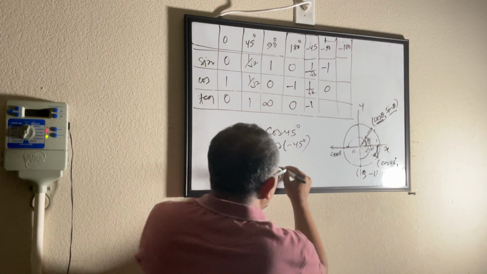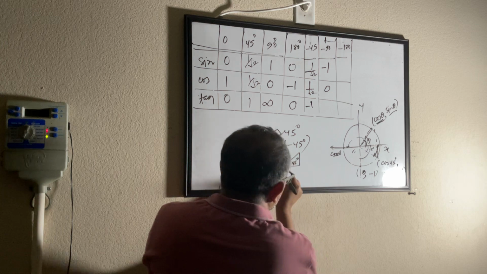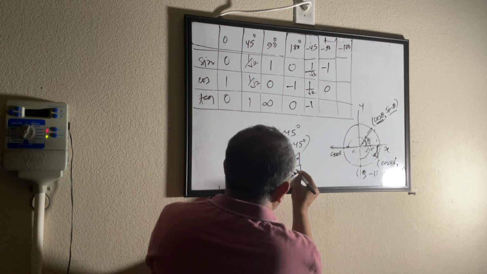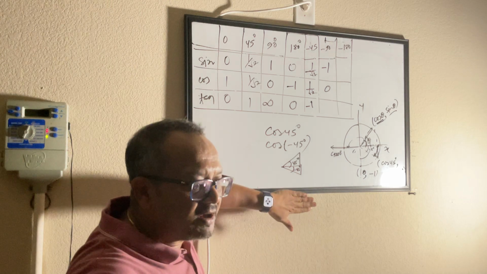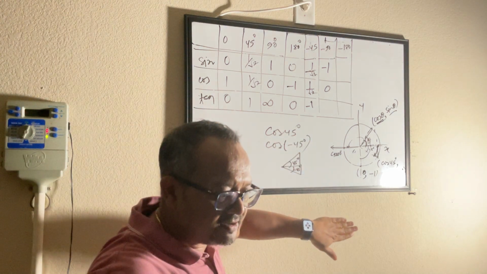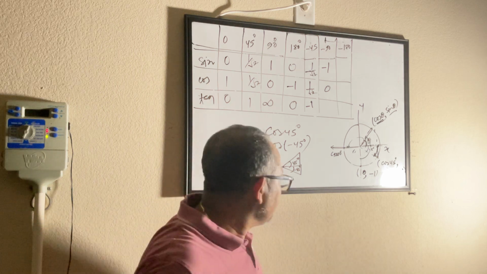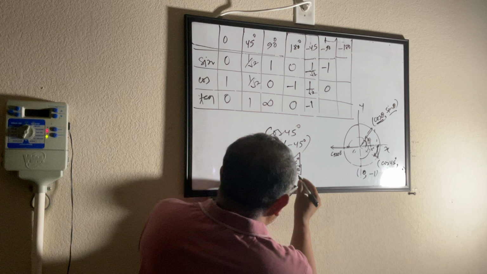So it's like this is 45 degree and this is minus 45 degree. It's an inverted right angle triangle. Same right angle triangle but inverted. Now, in this case, what is happening?